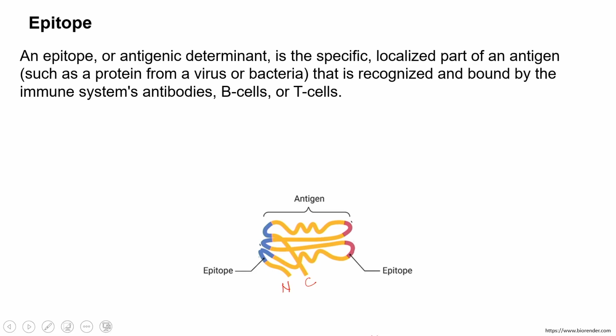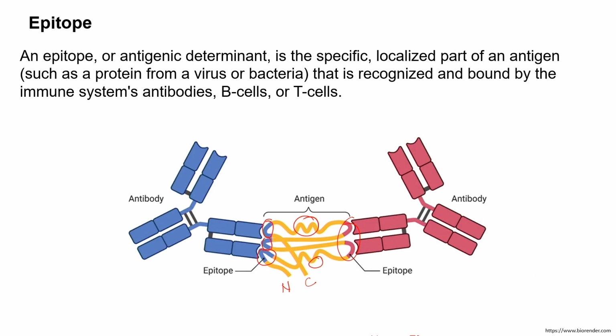For example, the foldings are here and here. Similarly, these areas are also exposed. These exposed structures of a protein are what we call epitopes. Generally, these epitopes are the structures present on the antigen which can be identified by antibodies.